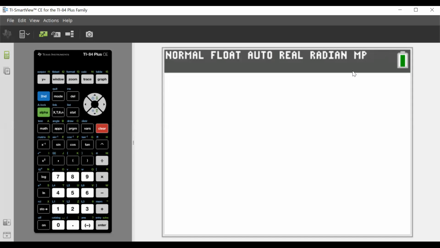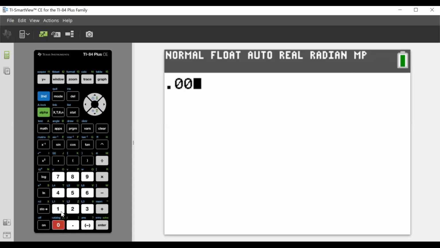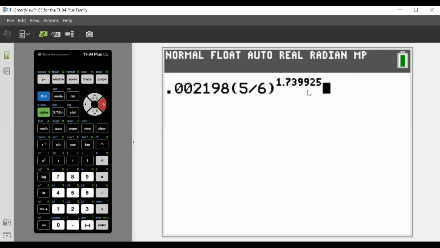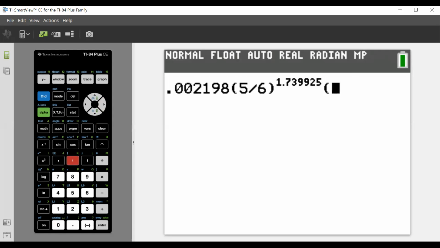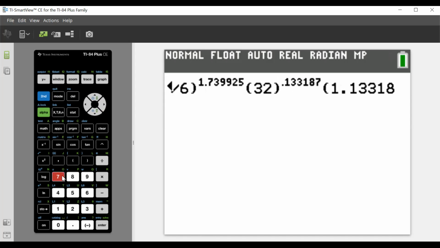All right, so now we need to plug this in. So that's going to be our 0.002198, and then times, now remember, 5 divided by 6, and then raised to the power 1.739925, arrow down, and then times, and now might as well put it in parentheses, 32 to the power 1.133187.